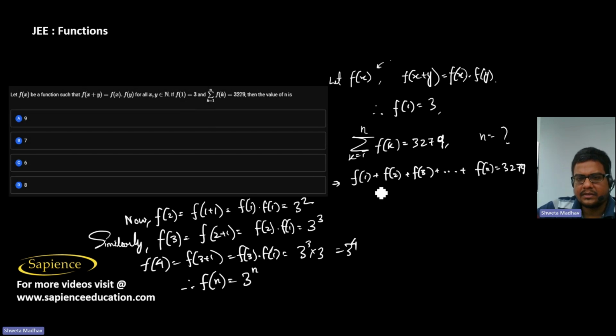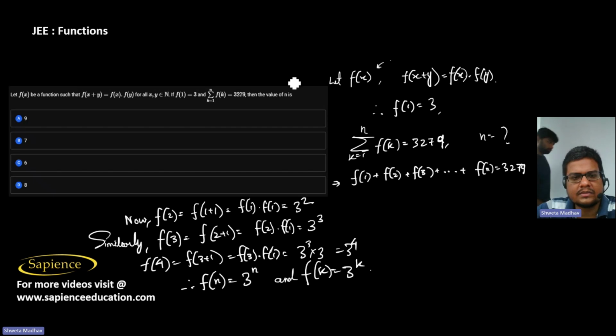So hence f of k also will be equal to 3 power k. So therefore we can say that 3 plus 3 square plus 3 power 3 plus dot dot till 3 power n is equal to 3279. Then we have to find out n. So from here, it is actually a geometric progression.